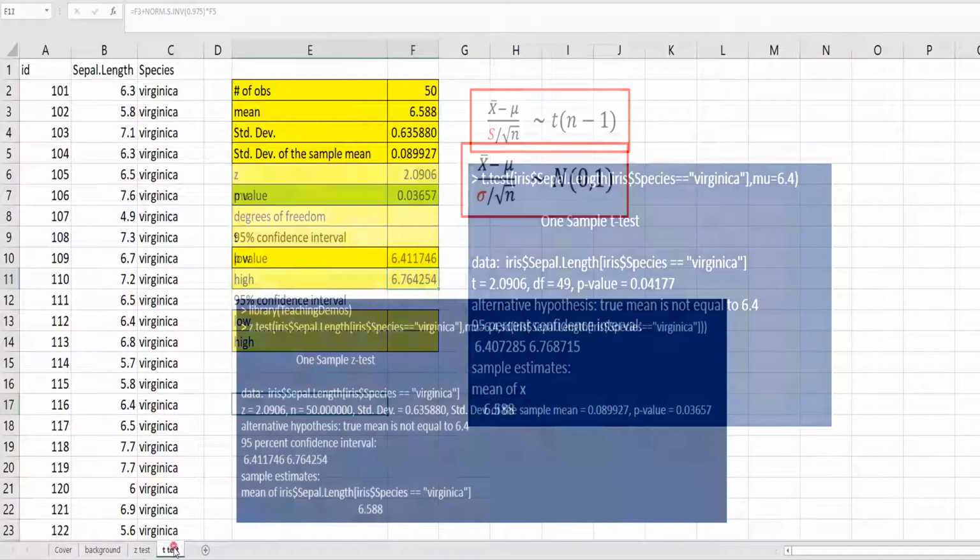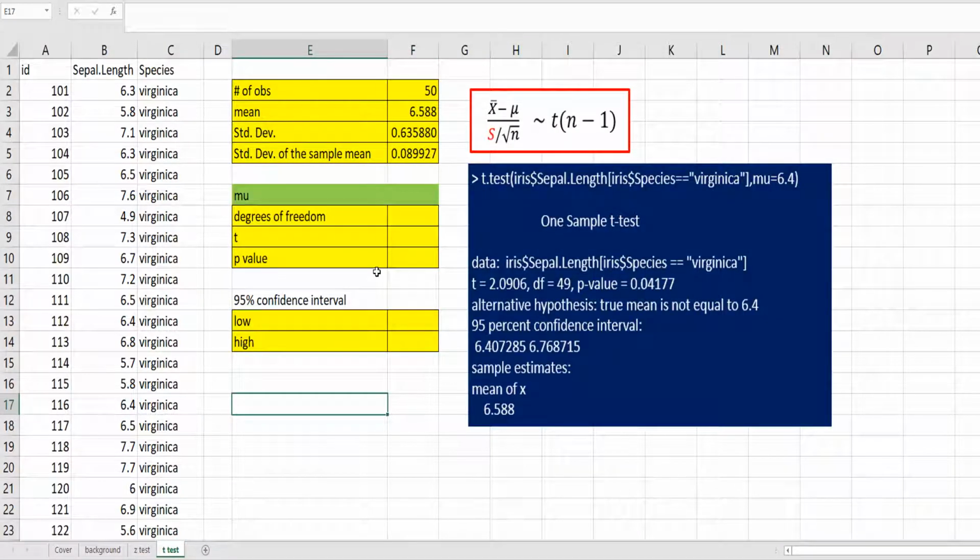Right, what about when we don't know the population variance? Then in this case we can think of the T-test. So we want to test whether this data satisfies mu equals 6.4. This is the null hypothesis, so mu is 6.4. The degrees of freedom is n minus 1, so 49.